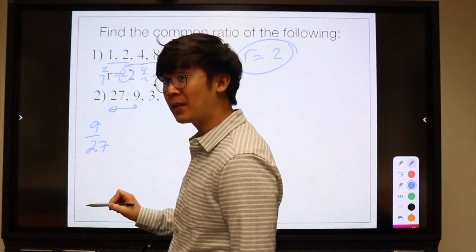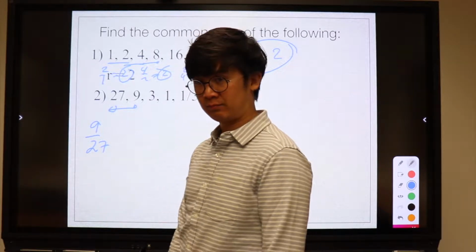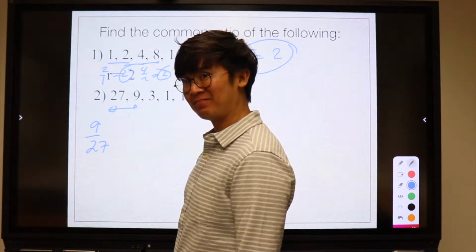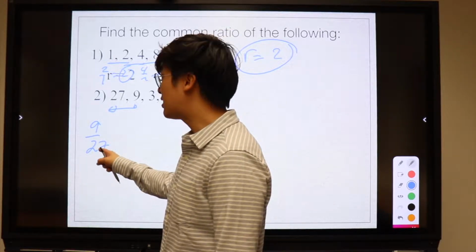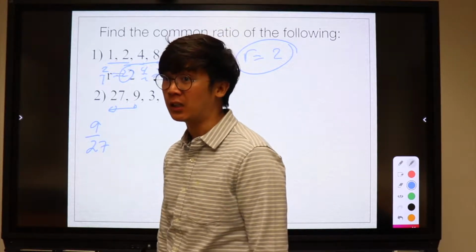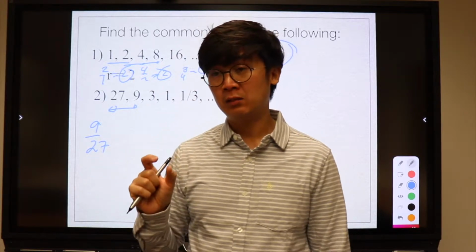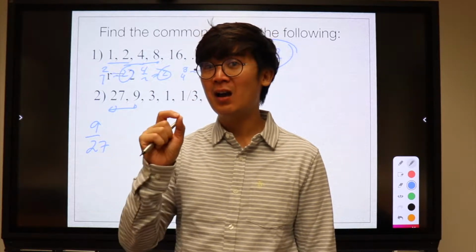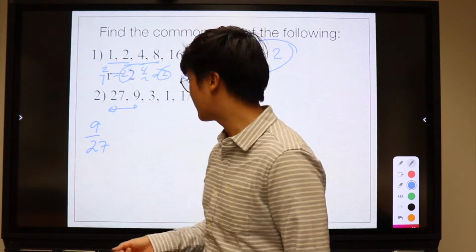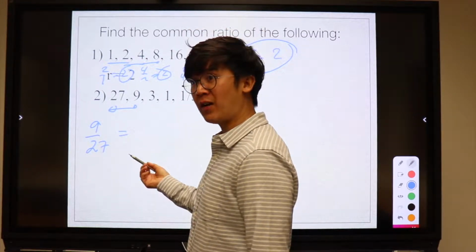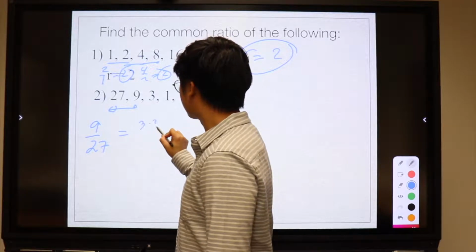It is a fraction, because 27 cannot go into 9 evenly. So if you have a proper fraction, expect to have a fraction as an answer. You just need to simplify it. Can you simplify the fraction 9 over 27?